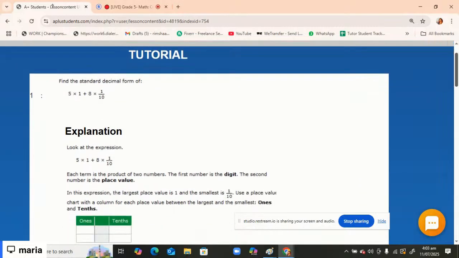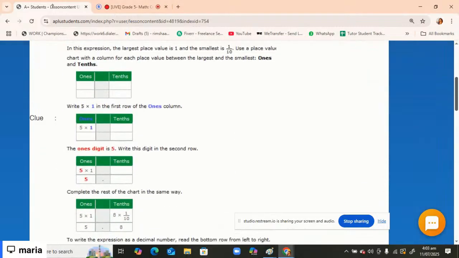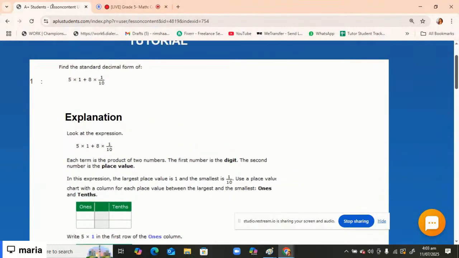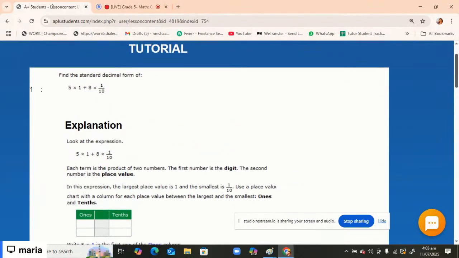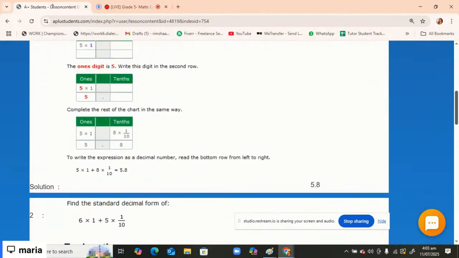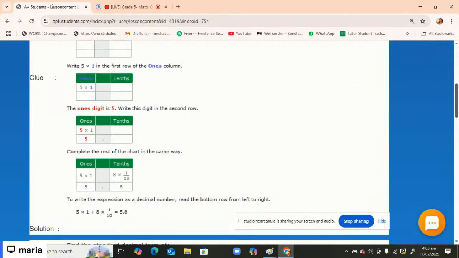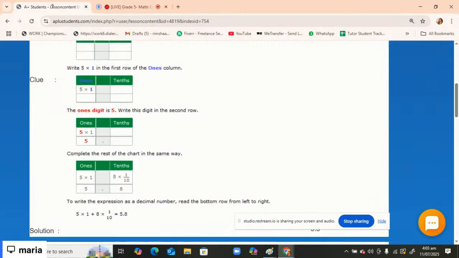So first of all, find the standard decimal form of this. How can we solve it? This is 5 times 1, then plus 8 times 1 by 10. First of all, this is 5 times 1, that is 5.